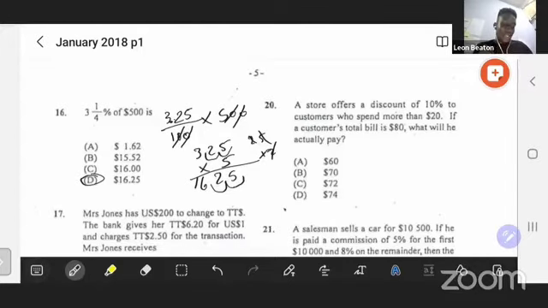Anyways, so let's see. We've got to find 10% of the bill. So this will be 10 over 100 again, times the bill, which is $80. So this zero cancels out with that zero. So you receive a discount of $8. So he will pay 80 subtract 8, which will be $72. So this will be C.